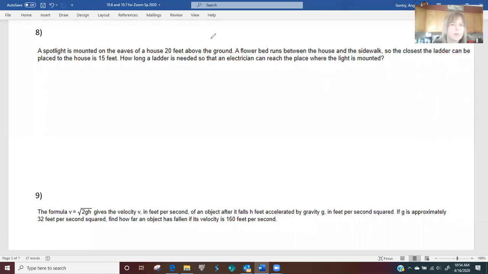Okay, I have a house. The spotlight is 20 feet above the ground. So here's the eave of the house. You know, this isn't gonna be pretty. And this here is 20 feet.